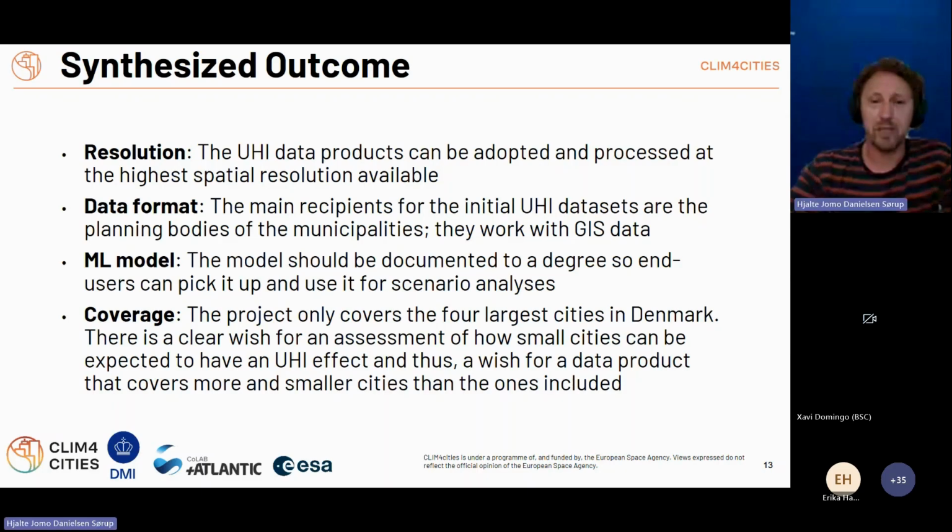With respect to data format, there was a strong wish to have data that can seamlessly go into the GIS platforms they are currently working with. And at least for now, it's primarily planning purposes they want to use this for.